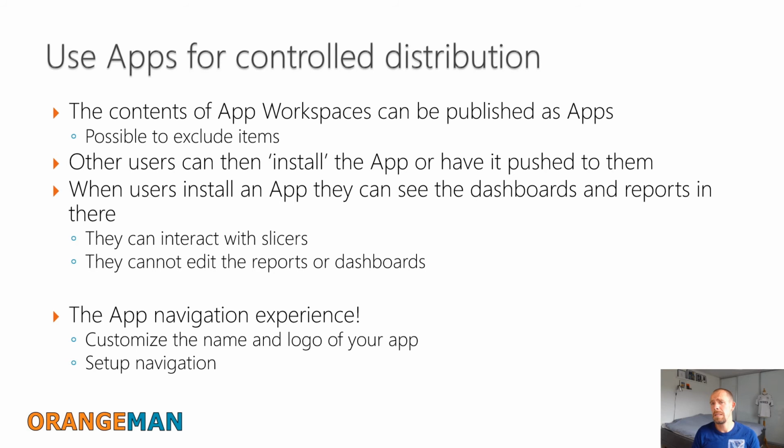So you can update your report in the workspace without affecting the end users using the apps before it is properly tested and you have confidence in the look and feel of the report. Also with the apps, you get an app navigation experience, where you can put up a logo for your app.